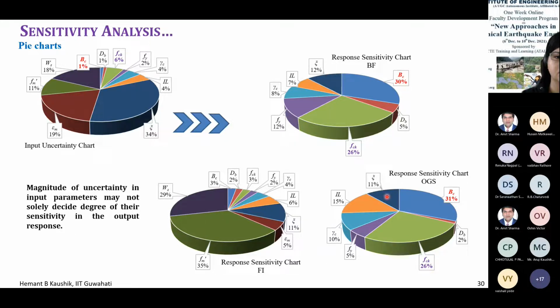Here it is 11%, and here it is again 11%. So that doesn't fit in a straight line, right? If this is more, that doesn't really mean that output sensitivity will also be more because of that. But even a 1% variation here gives you a huge variation here.